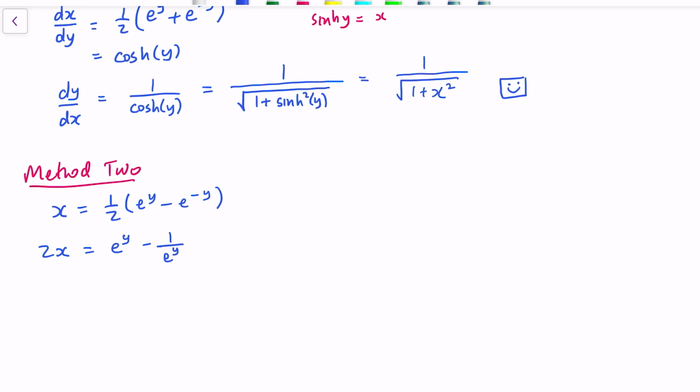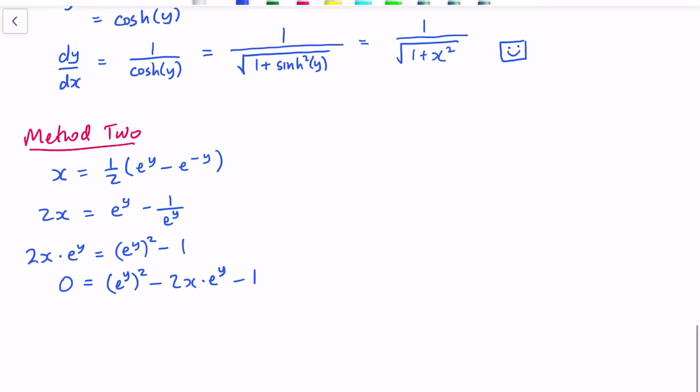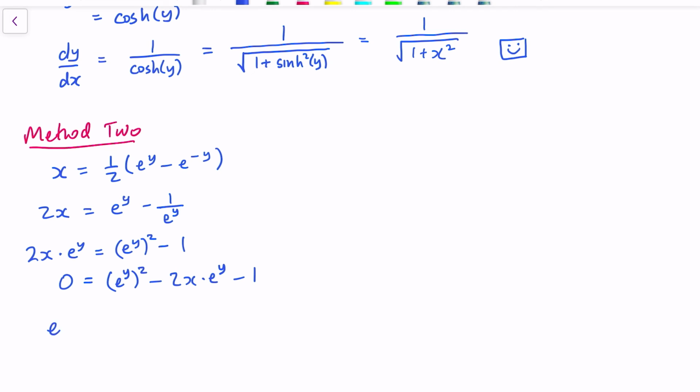If I times the whole equation here through by e to the y, I end up with a quadratic equation in e to the y. So I can solve that using the quadratic formula.